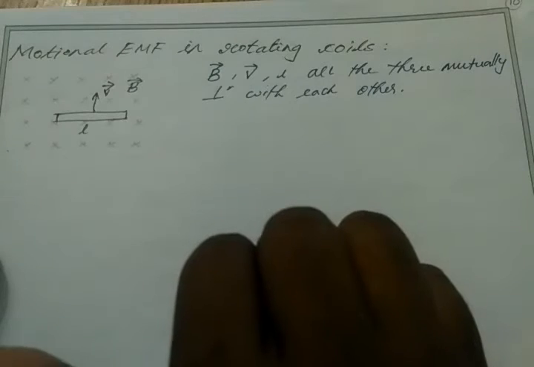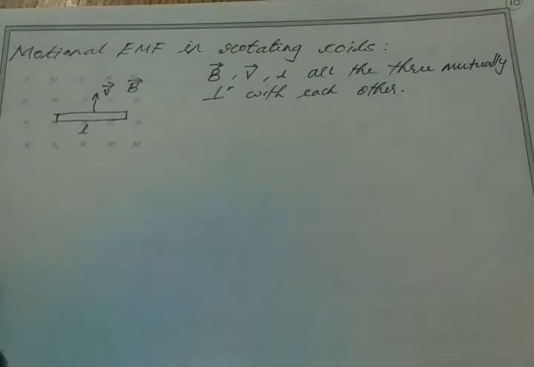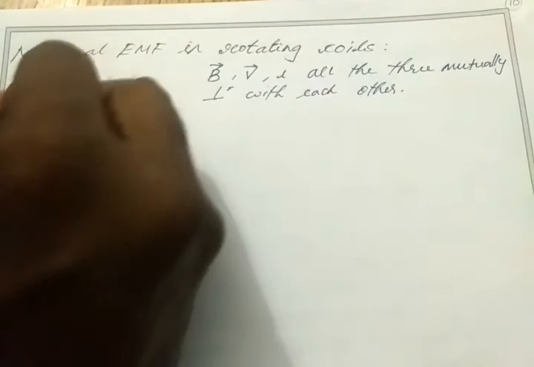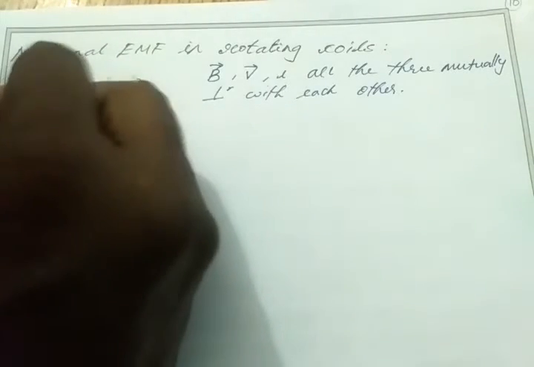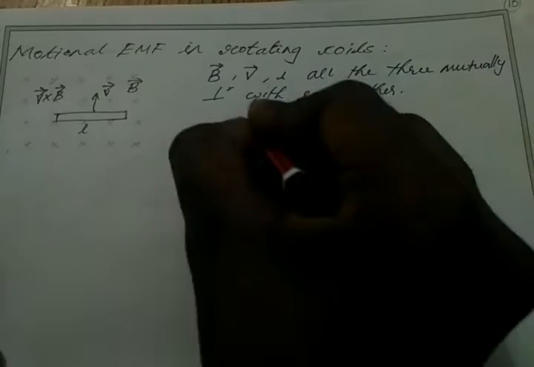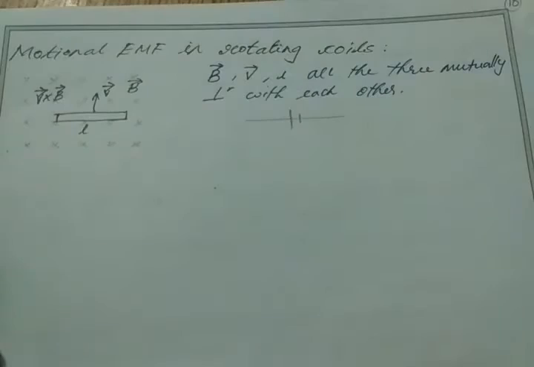So I curl my four fingers inside because my magnetic field is inside, and the thumb shows the direction of V cross B. Clear? So my V cross B is situated at the left side of the rod, which means in this rod the left side behaves as the positive terminal and the other one is the negative terminal.